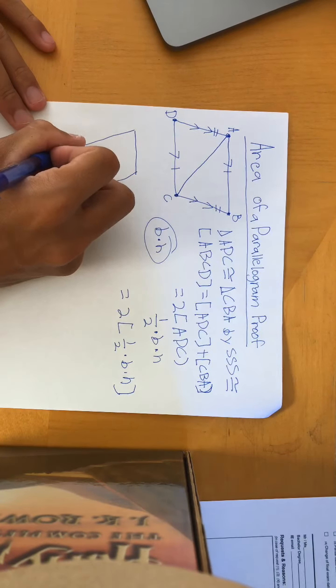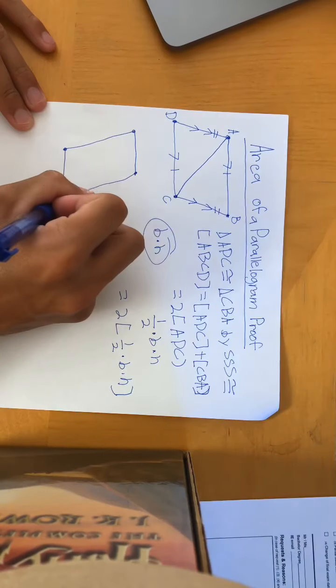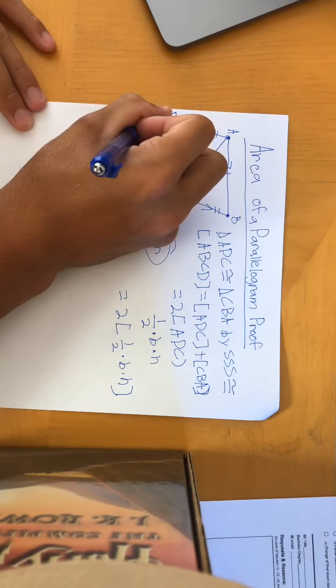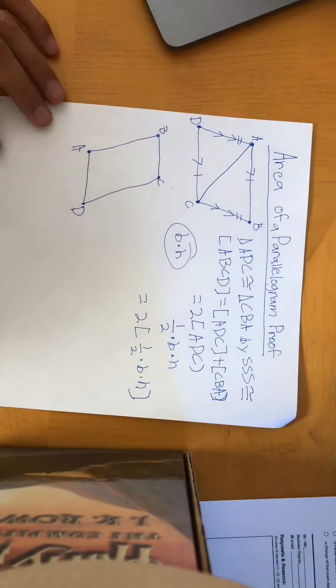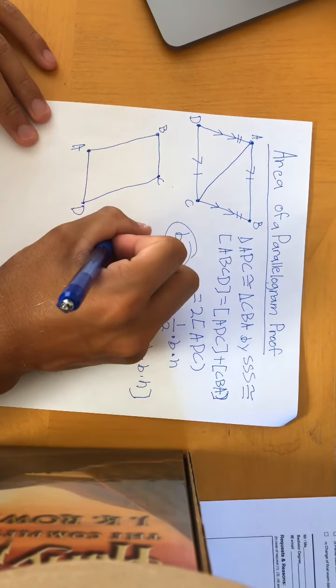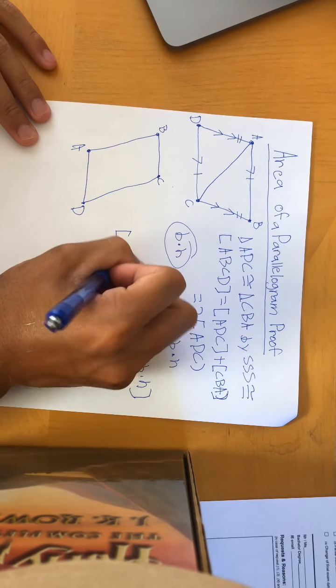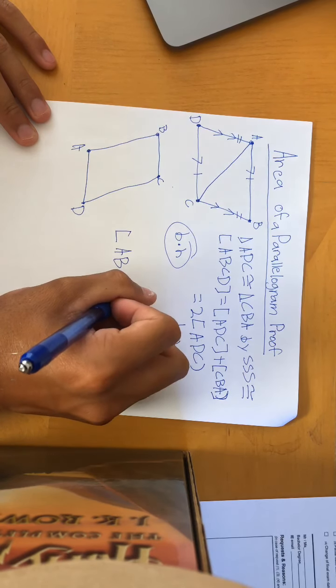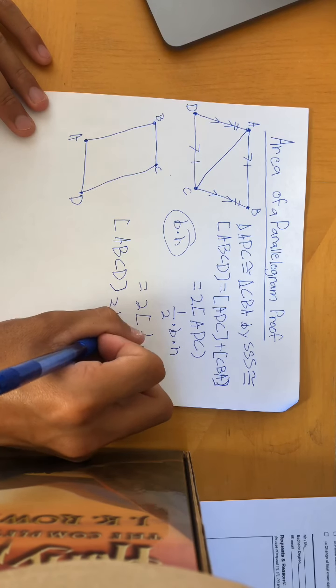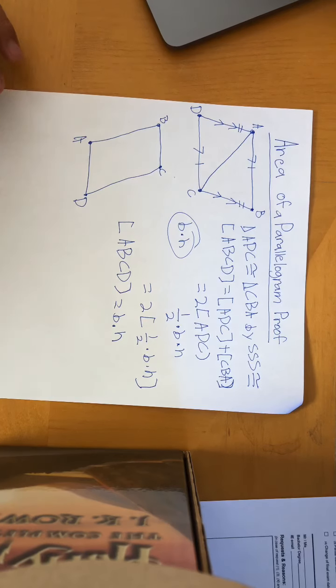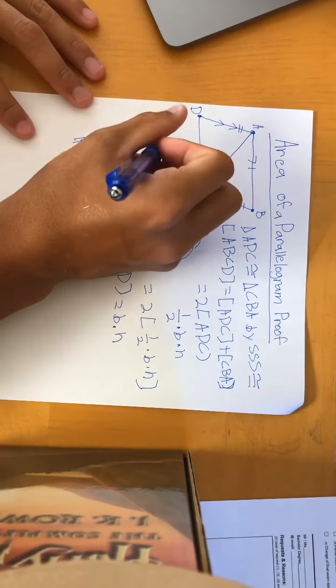Okay, so A, B, C, and D. Then we can just say the parallelogram ABCD equals base times height. Now say when you're actually finding the area of a parallelogram, you'll actually have the height and everything for it.